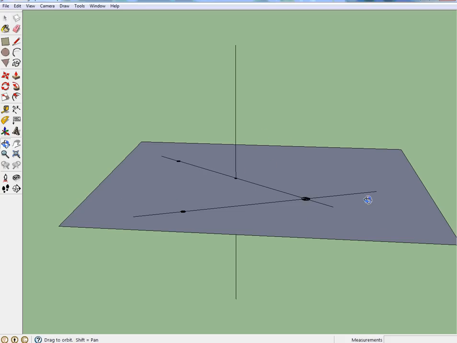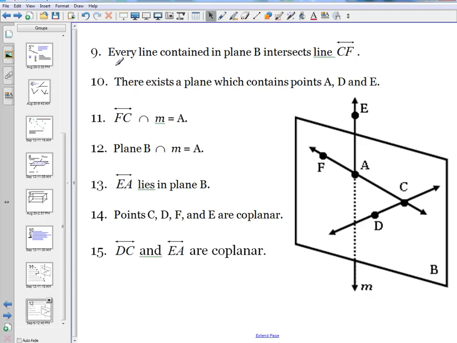Yeah, if I drew one diagonally here, it would intersect. Now, there is a set of lines that will never cross this one, and those are the ones that are parallel. So if I drew one like a set of railroad tracks that went the same slope as this line, it would never intersect it. So does every line contained in plane B intersect it? No. So that's false.